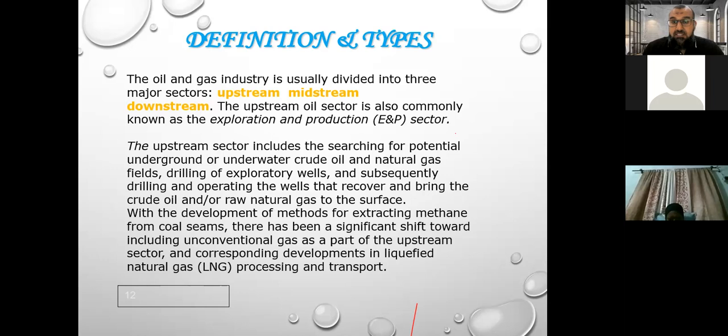Actually, in general, upstream is everything related to drilling, well exploration, and the whole exploration and production sector. This is called upstream. So this is the source of oil, and the flow direction will come from the source. This is why it is upstream. And this is a very common definition.